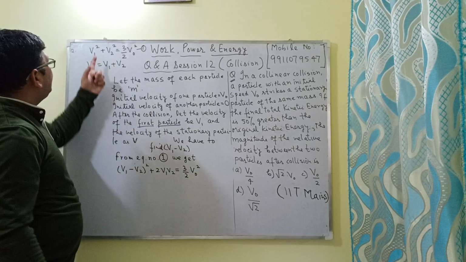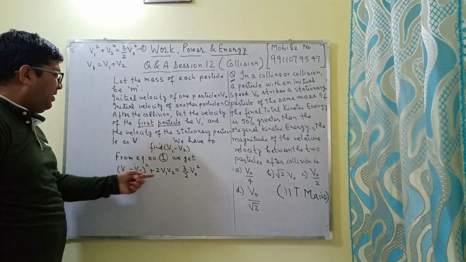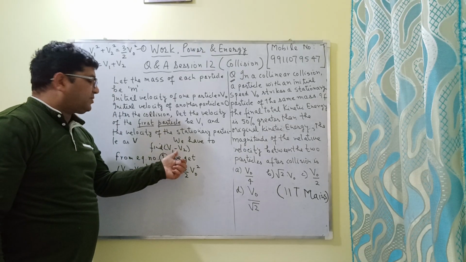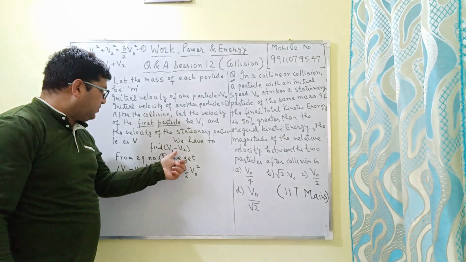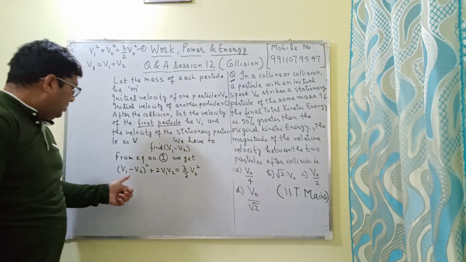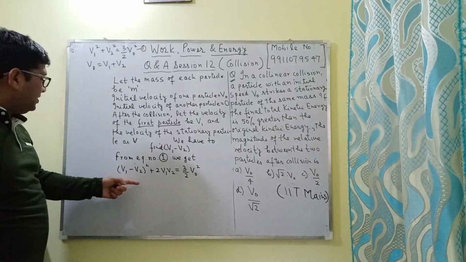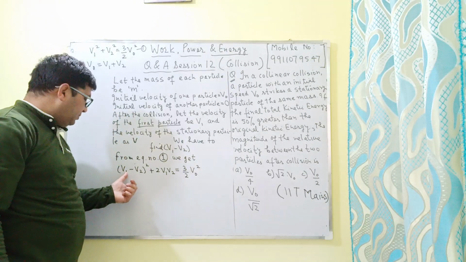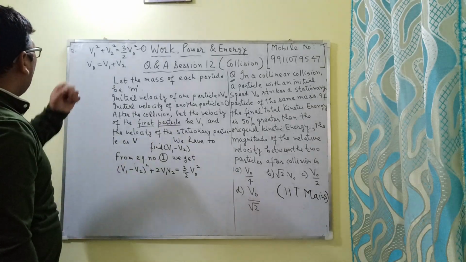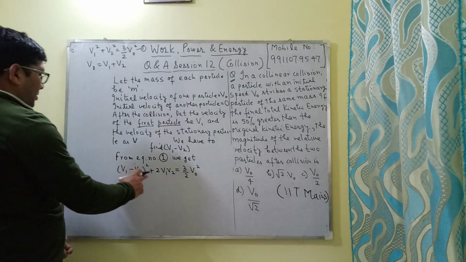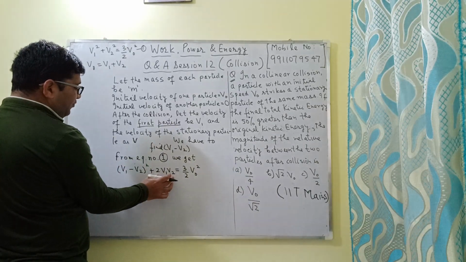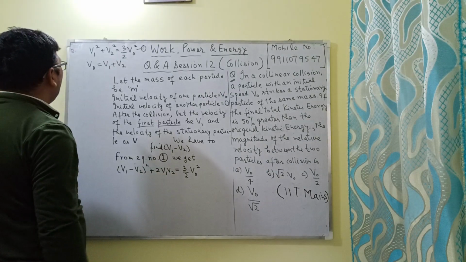I have written this equation in this form because I have to find the relative velocity between the two particles after the collision, which is equal to v1 minus v2. Now the most important thing is that we have to find the value of v1 and v2.